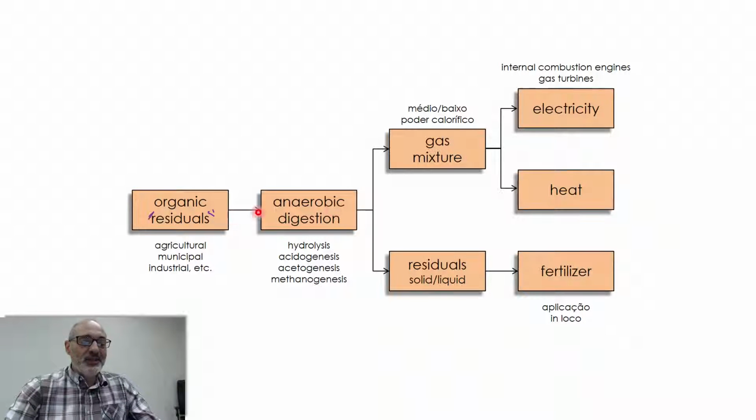So when you digest these organic residues in low quantities of oxygen, anaerobic, that's the meaning of this term here, when you pass through this process, you have gaseous products and solid and/or liquid products.